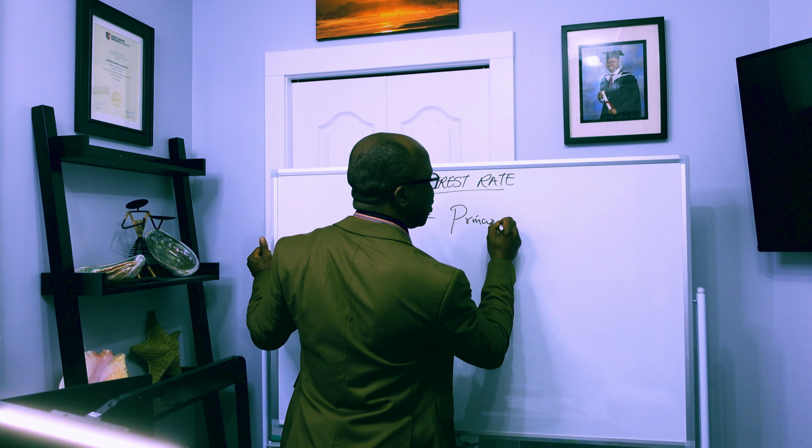So interest on this for 2 years is going to be, remember, principal, right? 500,000 times rate 5.5 times what again? Time. All over 100.